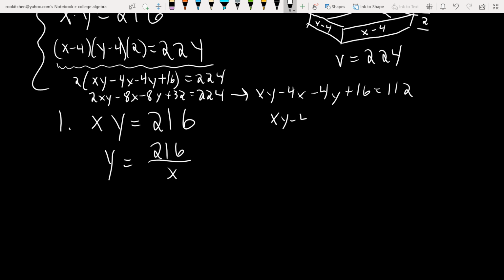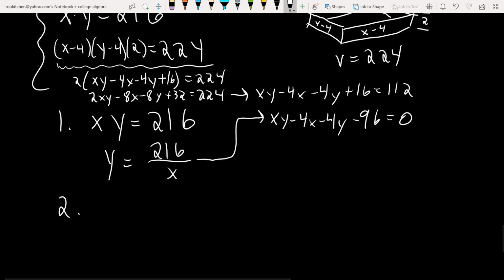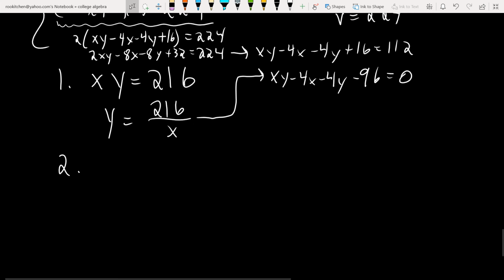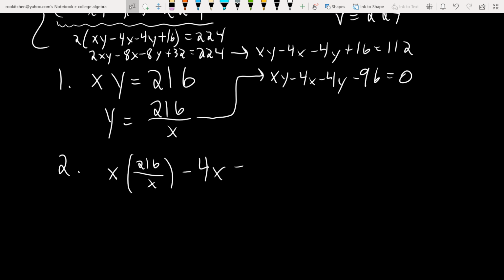So xy minus 4x minus 4y minus 96 is 0. Okay, so finally I'm going to take this expression and plop it in for y, wherever I see y. So I'll have x times 216 over x minus 4x minus 4 times 216 over x minus 96 is 0.